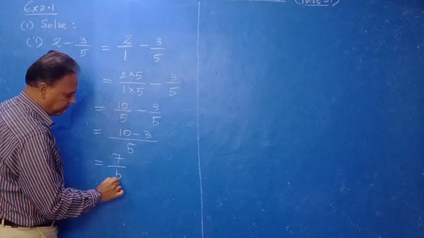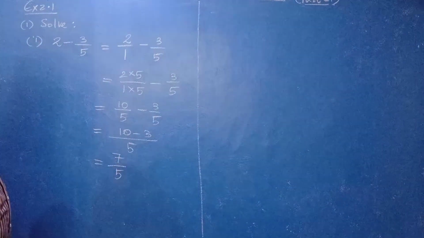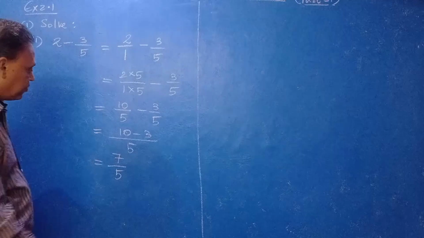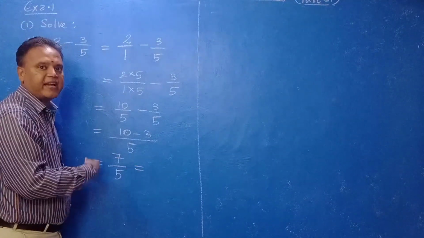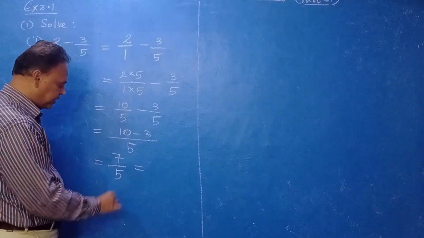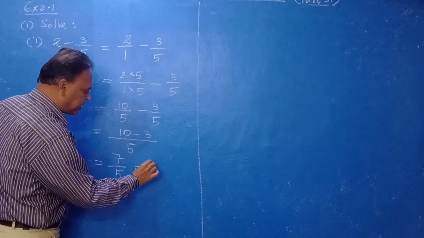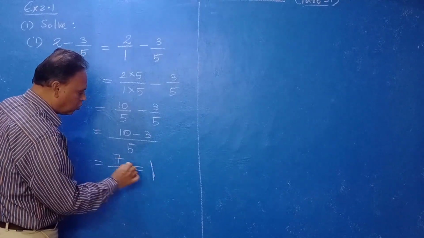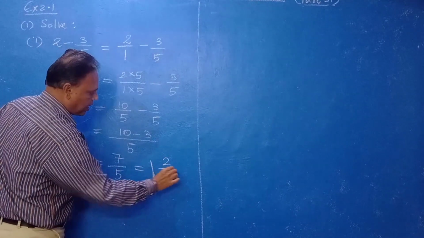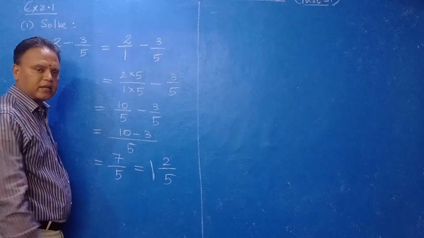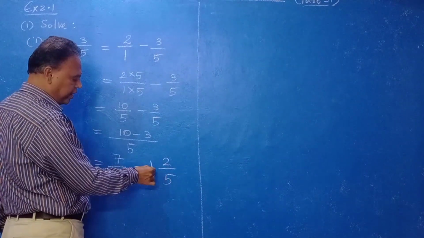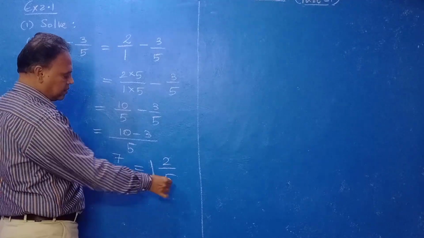7 by 5. Okay, 7 by 5 is an improper fraction. So you can make it a mixed fraction. 5 divided into 7: 1 time will go, and 2 is the remainder, by 5. If you have doubt, multiply and see: 5 plus 2, 7 by 5.